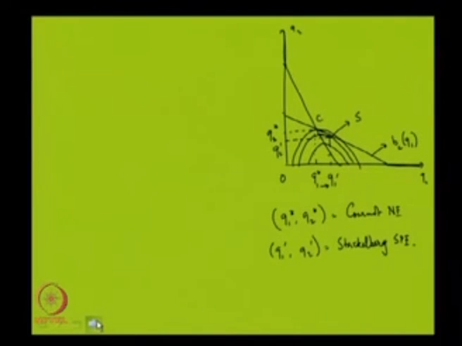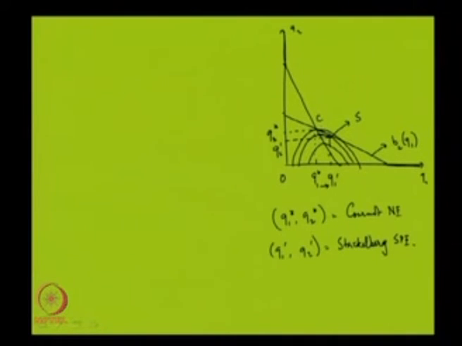Again, it is easy to see that the profits of firm 1 have gone up, because the closer the isoprofit curves are to the horizontal axis, the higher the level of profits. The isoprofit curve passing through C is farther away from the horizontal axis, whereas the curve passing through S is nearer to the horizontal axis, which means firm 1's profit has gone up.